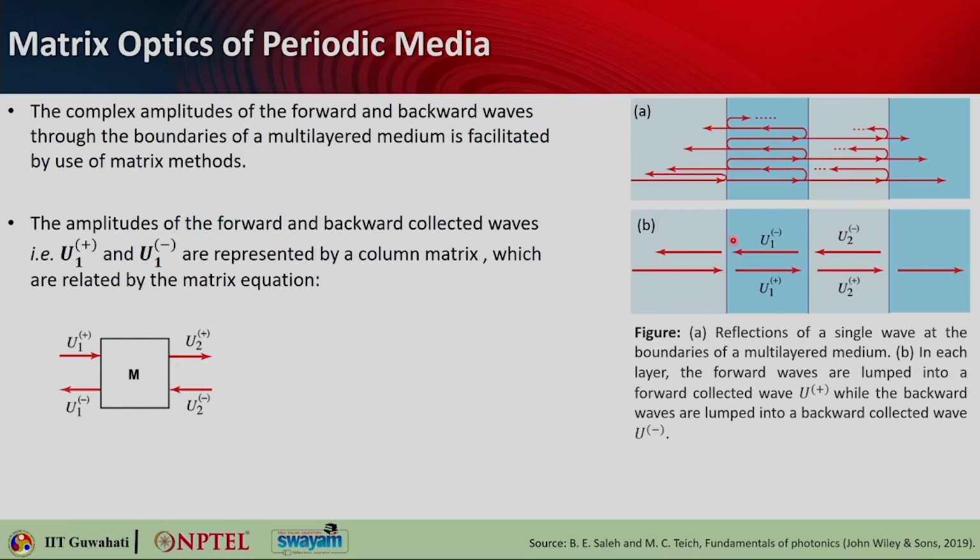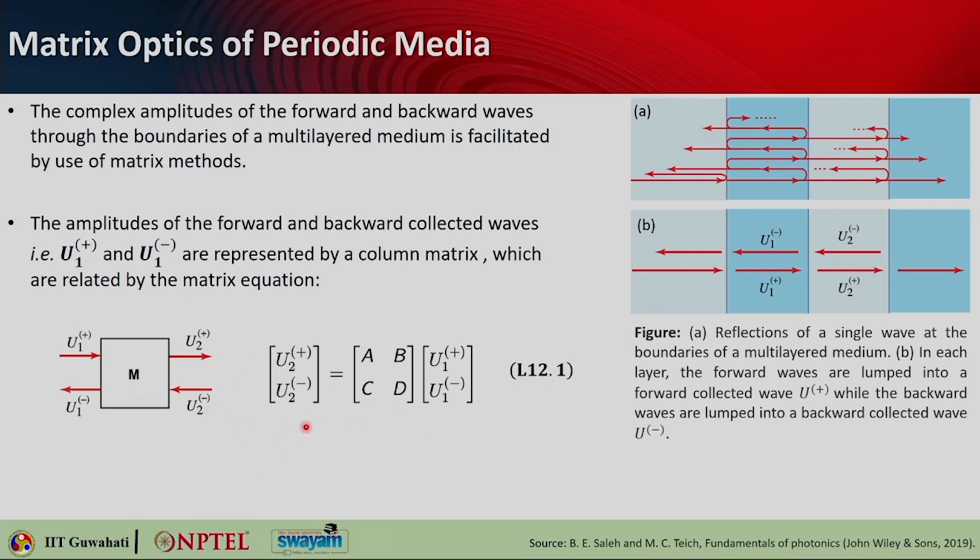So if you consider this particular layer by a matrix M, what you see here is that there is an incoming wave, a backward propagating wave, and a forward and again backward propagating wave. So you can represent this interface using this matrix M. Okay, so this is the column matrix.